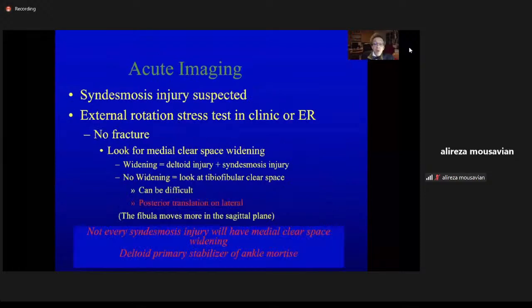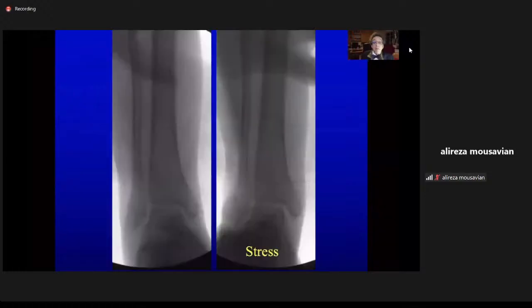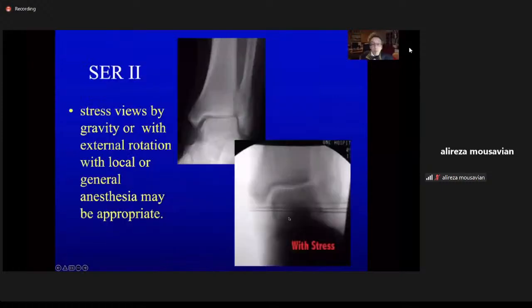So if there is widening, then we would call it a syndesmotic injury. Here's an example of a stress test without a fibula fracture, and you can see the widening of the syndesmosis, and with stress it gets even wider, and you can see the deltoid also opens up.